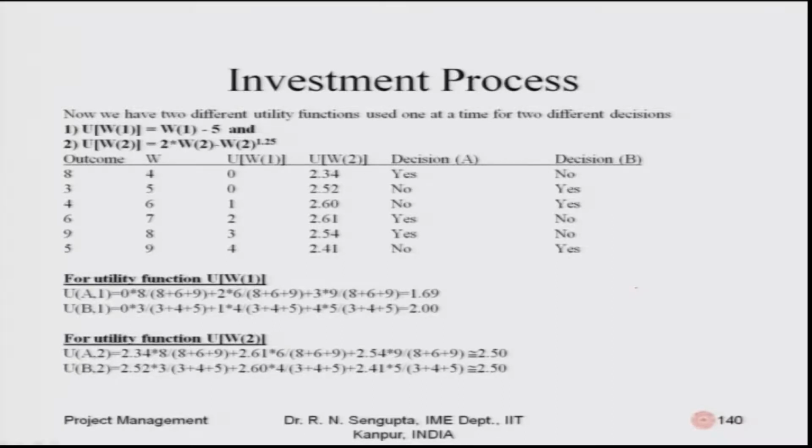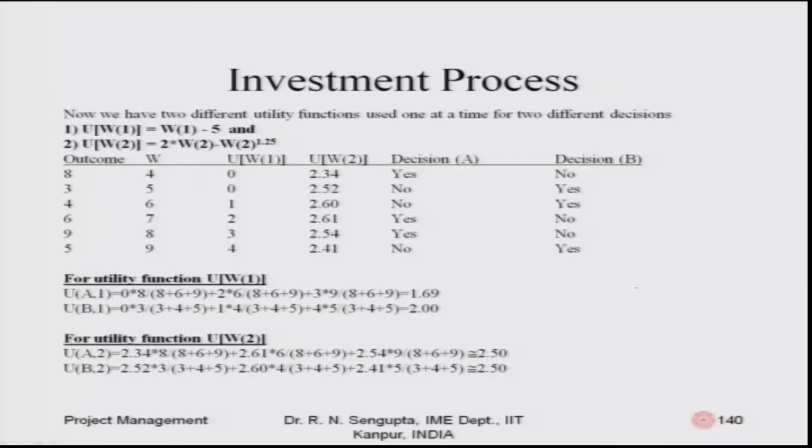Similarly, for the second one, which is yes, is 2 utility multiplied by 6 divided by 8 plus 6 plus 9. For the last one, which is yes, is 3, and the corresponding probability of that is 9 divided by 8 plus 6 plus 9. It comes to 1.69.